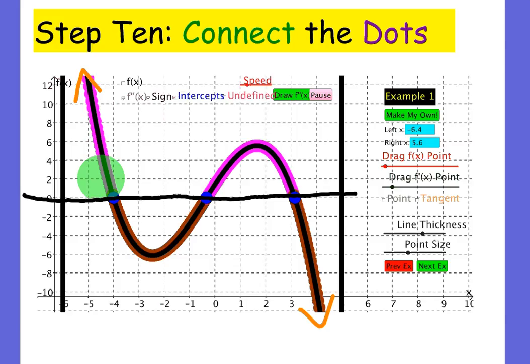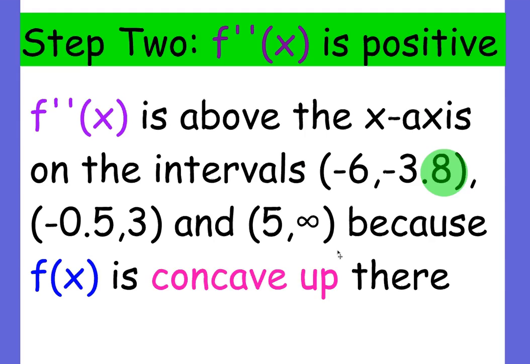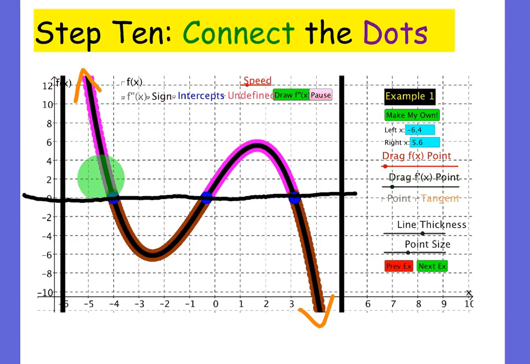Now again, you might be thinking, okay, what's happening past our 5? Well, we said that past 5 is going to be positive again. So it will have to jump back up past 5. What does that graph look like?